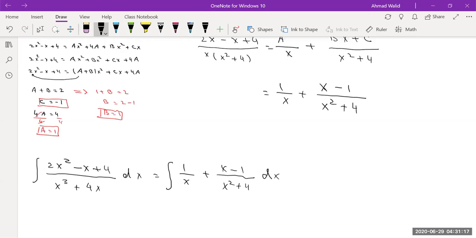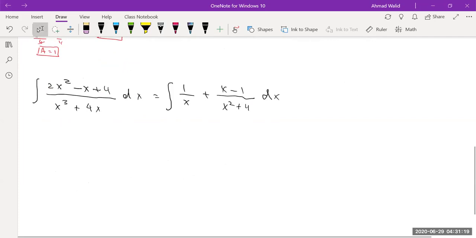Now here you have the addition of two integrals. You can write them as separate terms. The first one is easy. At this chapter, we all know the integral of 1 over x. It's really the easy one. The integral of 1 over x is ln absolute value of x, right? This part, do we know how to deal with this?